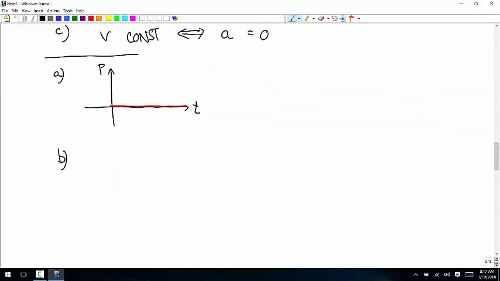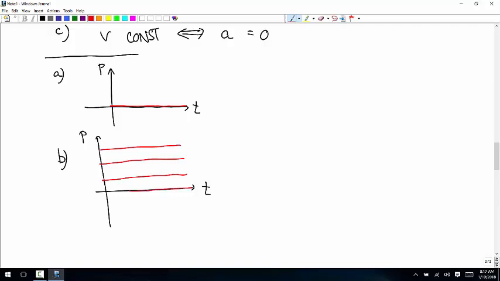Okay, the second one, what does it take for velocity to be equal to 0? It's a straight line with no slope. That's right. So it could be this, or this, or this, or the one we had before, any of those, but it can't have any slope.